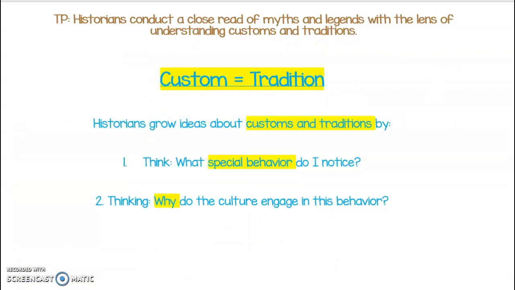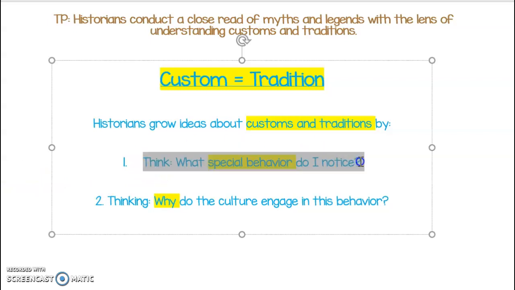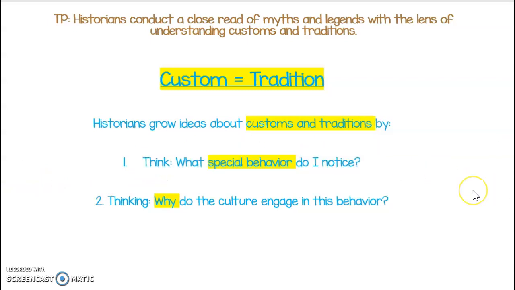Okay. So, for today's close read, we're going to keep these two questions in mind. Remember, when we're conducting a close read, what we're doing is rereading a part of the text or the whole text with a question in mind. So our focus is customs and traditions, and we grow ideas about customs and traditions by thinking about what special behaviors I notice, and then also thinking, why does the culture engage in this behavior?